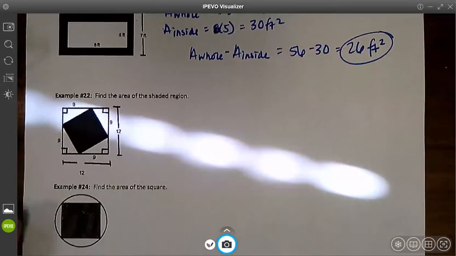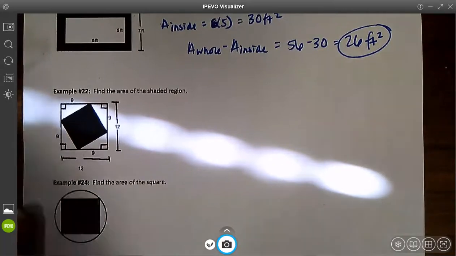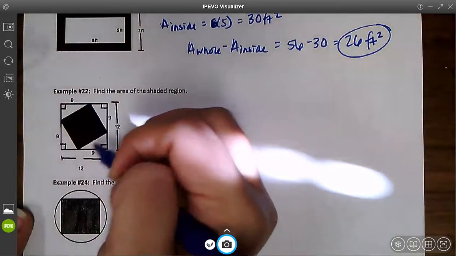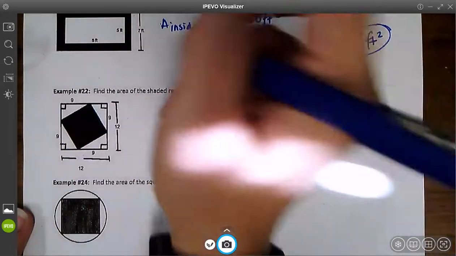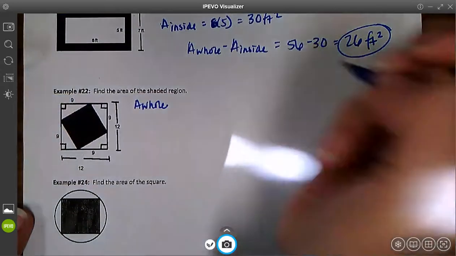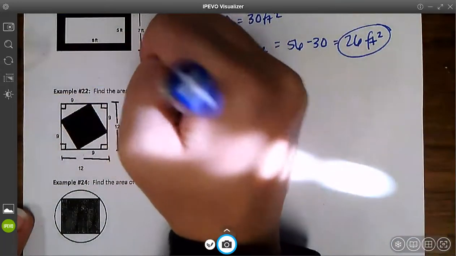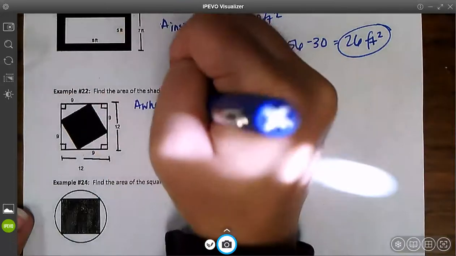The next one, the area of the shaded region. This one's going to be a little more difficult because we'll have to find the area of these triangles here. So the area of the whole thing is 12 times 12, which is 144.